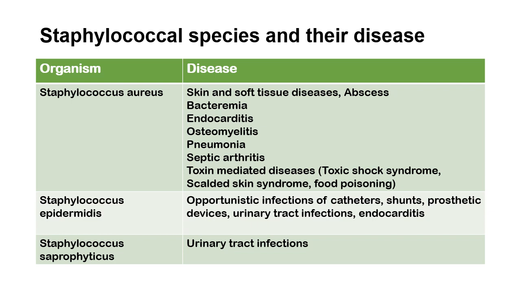And one of the most deadly diseases is the toxic shock syndrome, scalded skin syndrome, and also food poisoning. What about Staphylococcus epidermidis? It causes opportunistic infections of catheters, shunts, prosthetic devices, UTI, endocarditis. And then Staphylococcus saprophyticus, which causes only urinary tract infections, and mostly in young women.